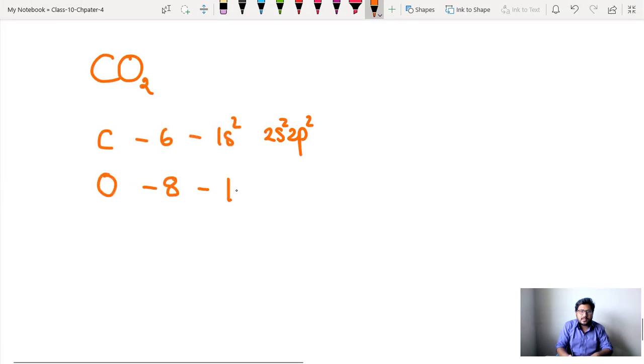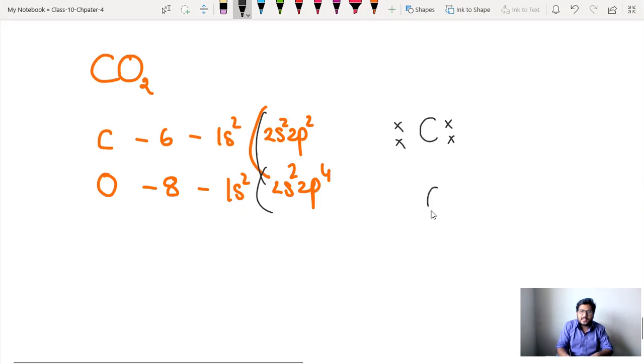Oxygen electronic configuration 1s2, 2s2, 2p4. Now the outermost orbit is this, for this it is this. If you draw the electron dot structure for carbon, you can represent 1, 2, 3, 4. For oxygen, how many do you have to represent? 4, 5, 6. It's your wish, however you want, you can represent.